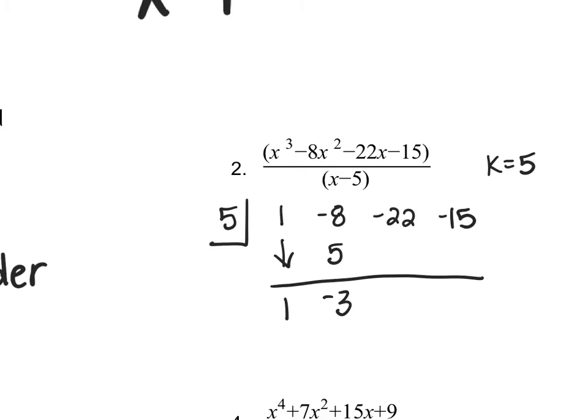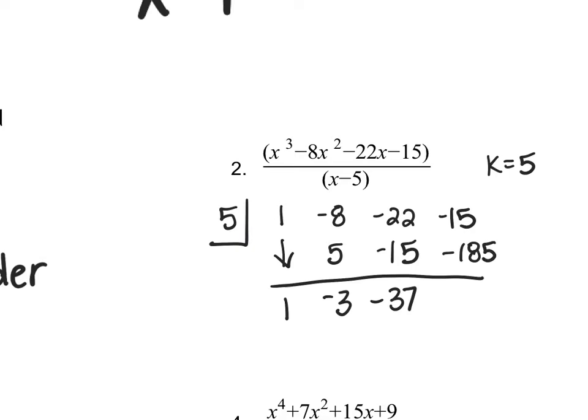5 times -3 is going to be -15. Add that column, so we have -37. All right, and then multiply 5 and -37. And we get -185.